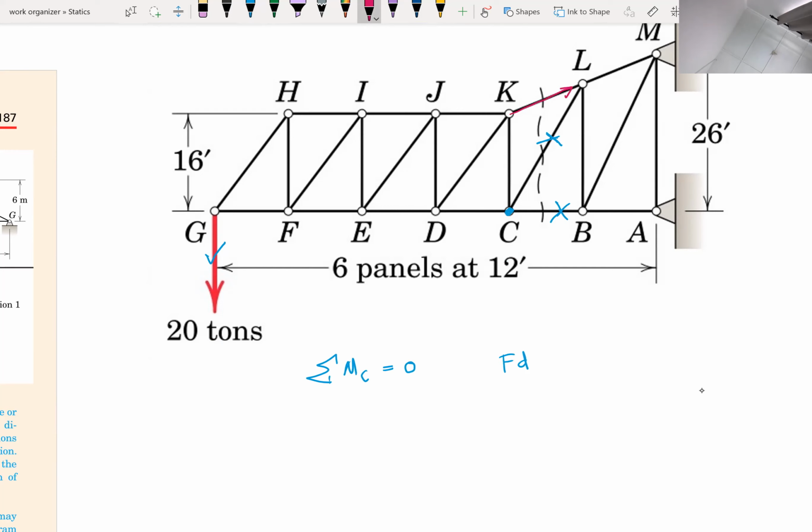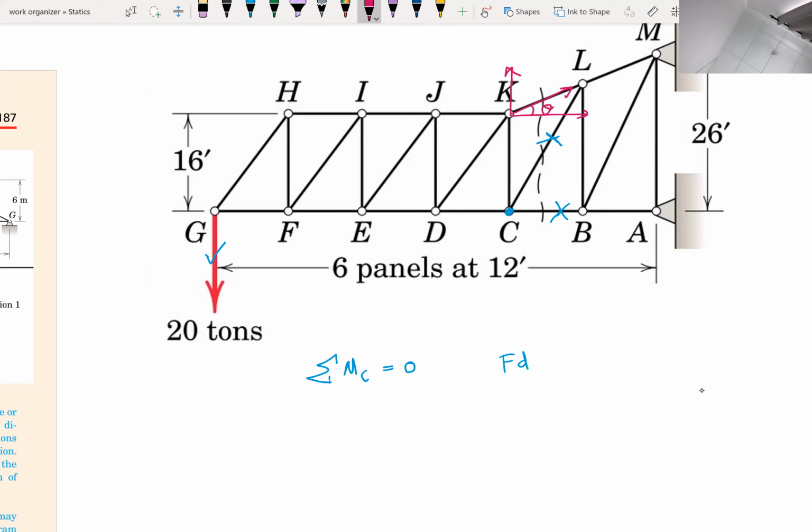In this case we have to determine the angle here, let's say we give it theta.